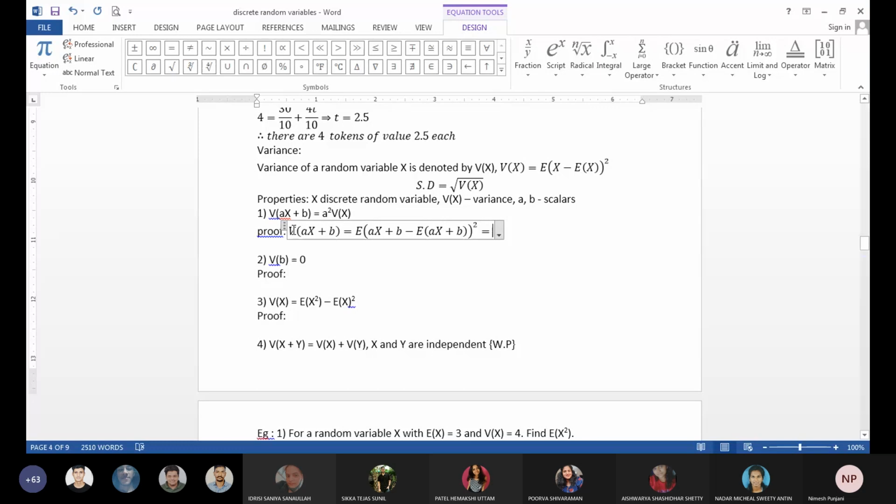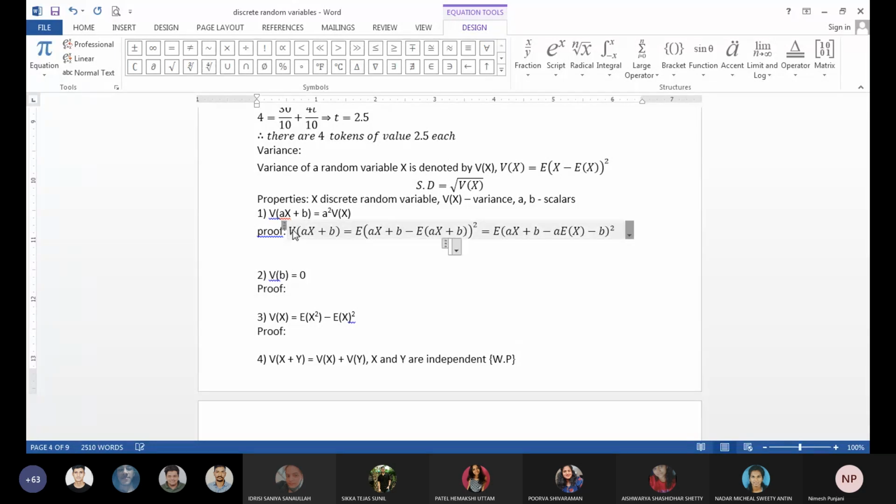Then we use the property of the expected value. So what does this give us? Expected value of ax plus b minus a times expected value of x minus b, the whole square. Just tell me, is this step fine? We used the property of expected value inside the bracket.